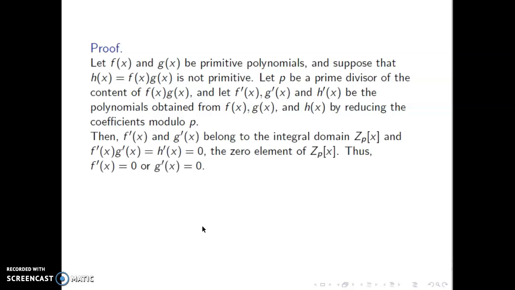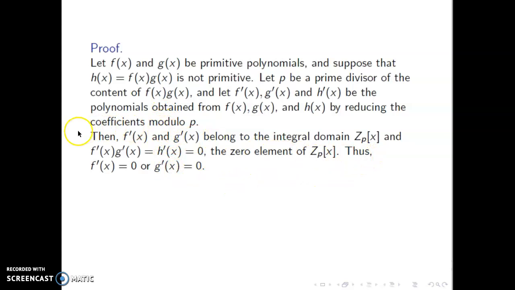Then f'(x) and g'(x) belong to the integral domain Zp[x], and f'(x) times g'(x) is equal to h'(x), which is equal to 0, the 0 element of Zp[x]. Why? Because p is a common divisor of all the coefficients of f(x) times g(x).